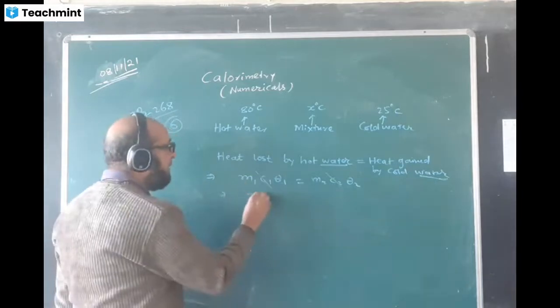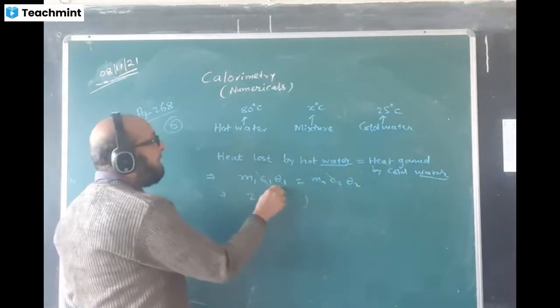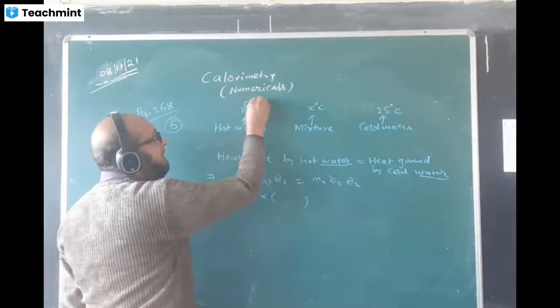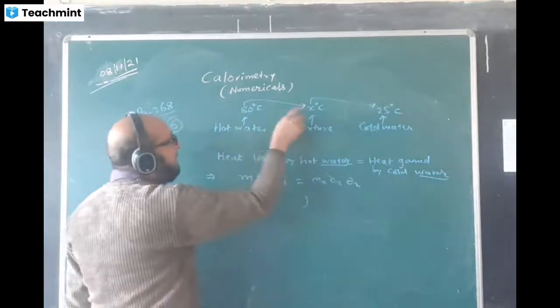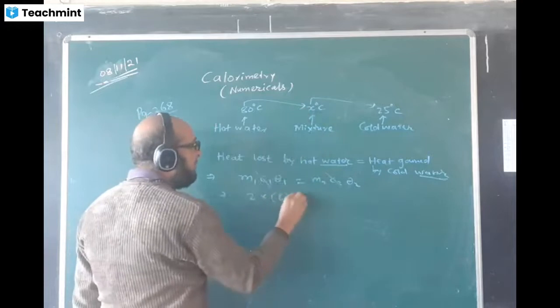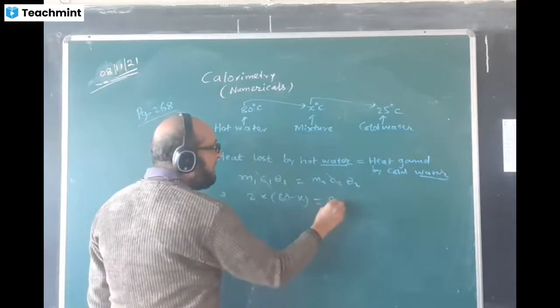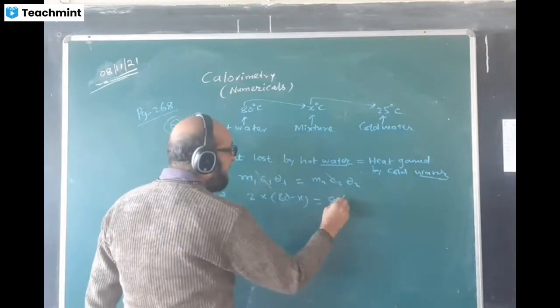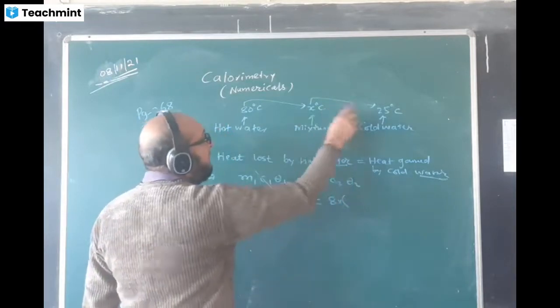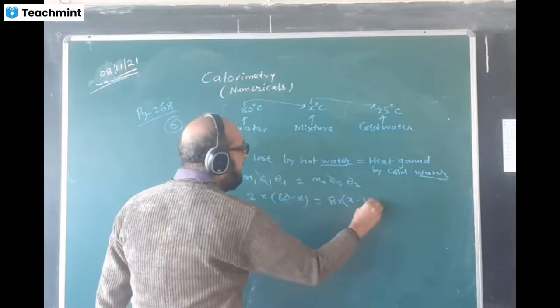I write here 2 kg. Theta 1 is the temperature difference. Temperature difference we take like this minus this, and here this minus this. 80 minus X. Mass of the cold water is given 8 kg. Bracket theta 2, X minus 25.